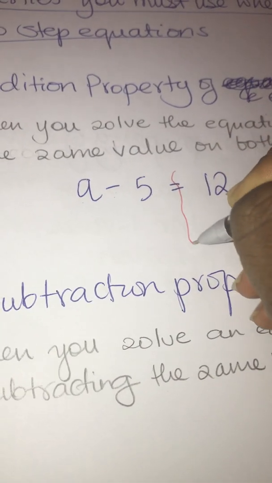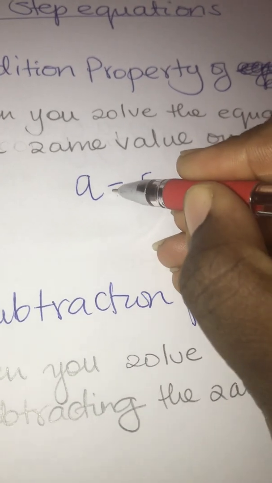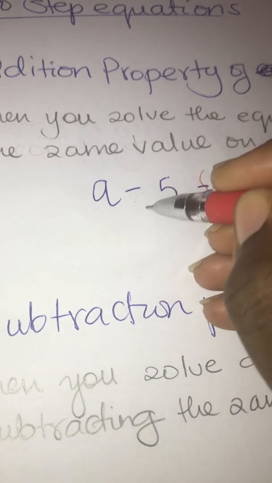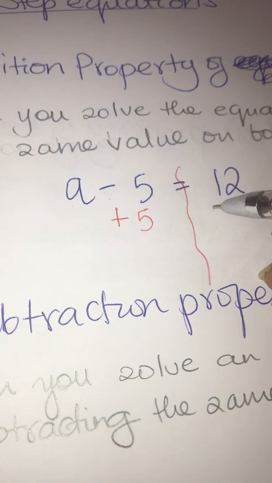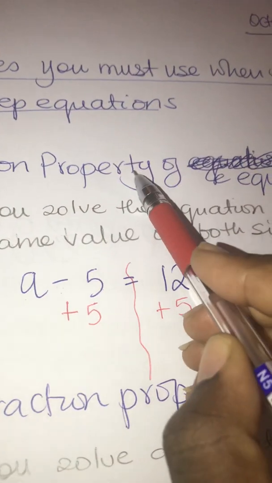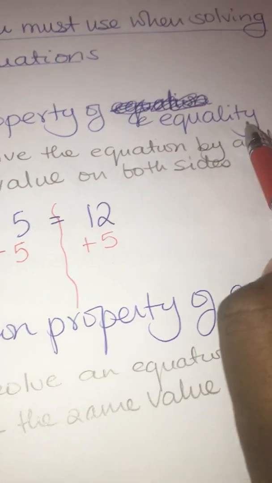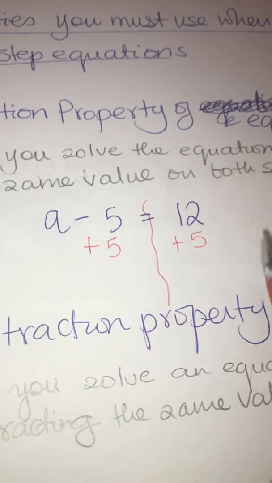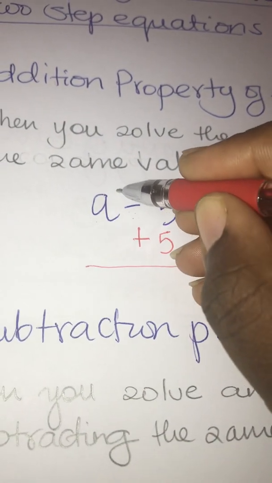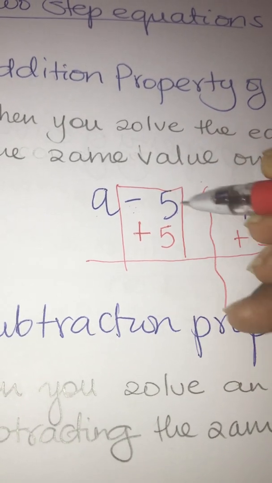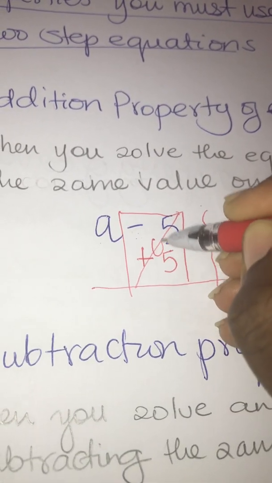So I will draw my bridge, and because this is a minus, I will do the opposite. So that means I am adding the same value on both sides. Addition property of equality, meaning I do the same thing on both sides. Then I box this because this gives me 0.